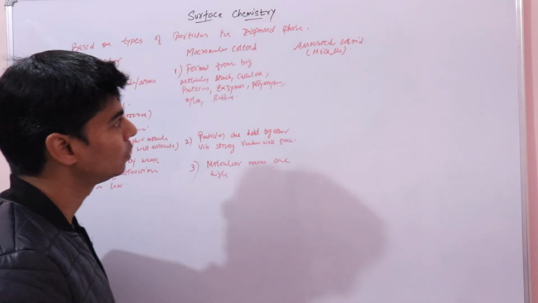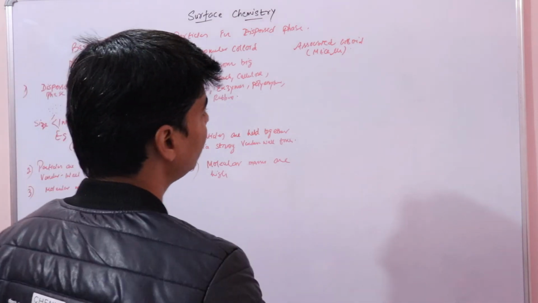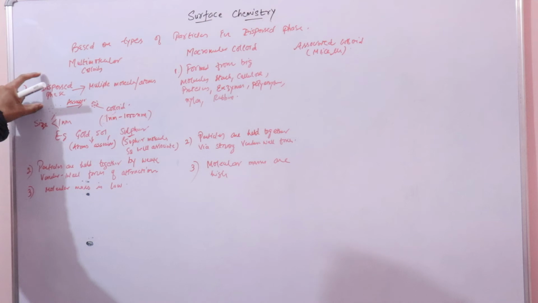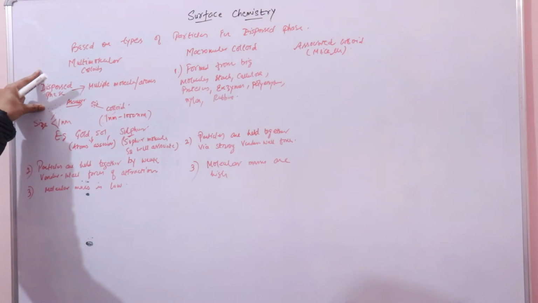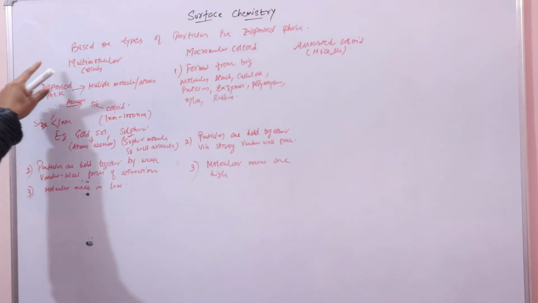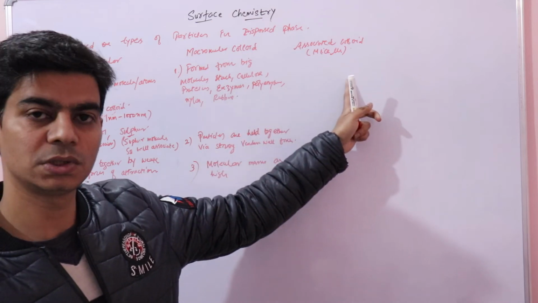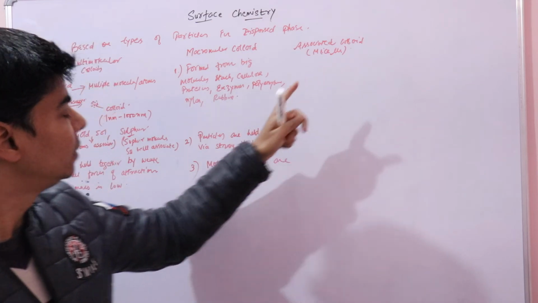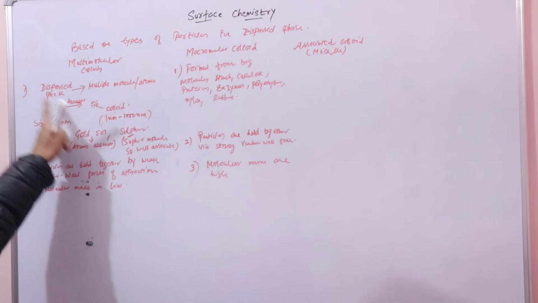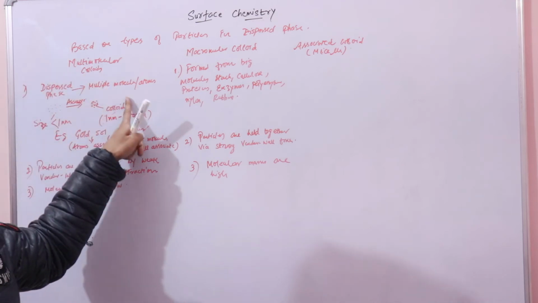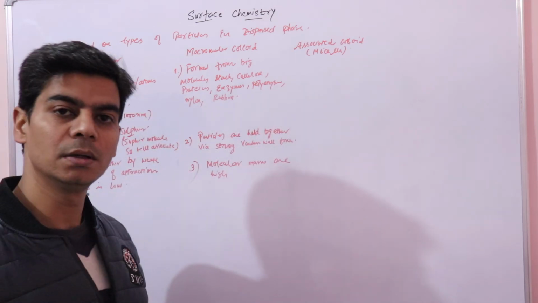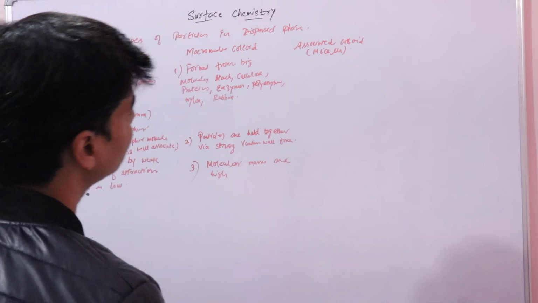So these are known as associated colloids. These are also formed from association of smaller particles. The difference is multimolecular colloids are formed from atoms and molecules, but these are formed from multiple ions.